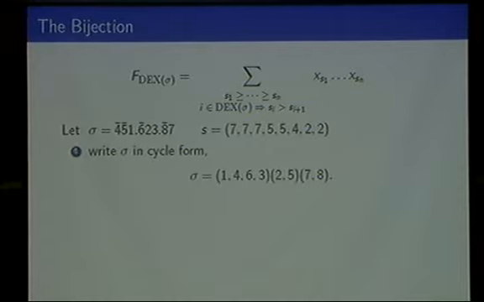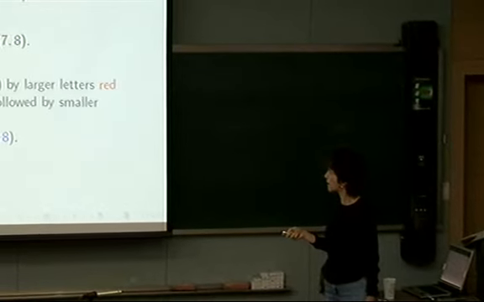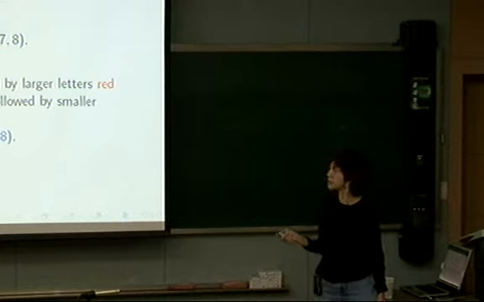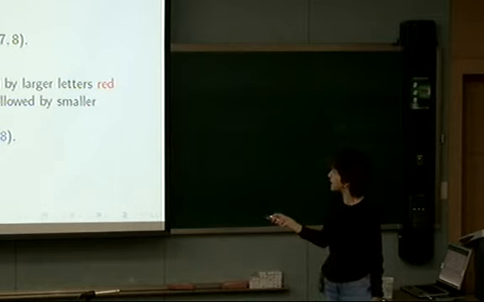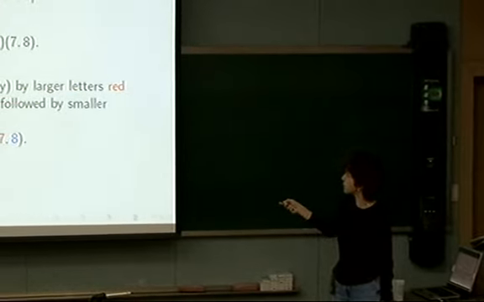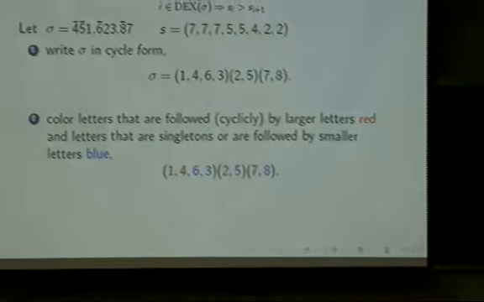So what we do is we write the permutation in cycle form. And then we color the letters of the permutation according to the rule that I stated before. Letters that are followed by larger letters, we color them red, and letters that are followed by smaller letters, we color them blue.